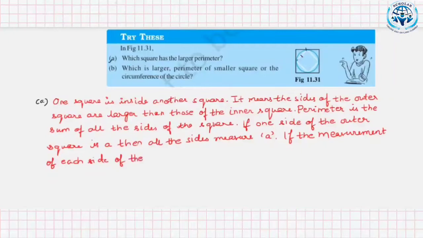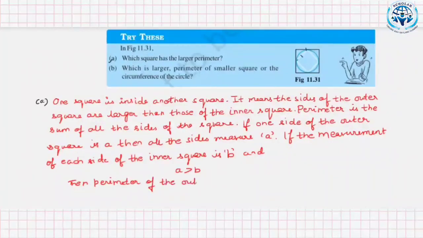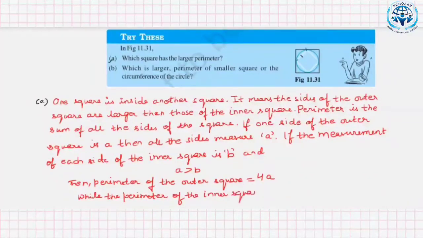If the measurement of each side of the inner square is B, and A is greater than B because A is the outer square, then the perimeter of the outer square will obviously be greater and it is equal to 4A, while the perimeter of the inner square is 4B.